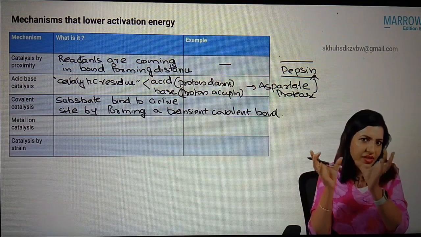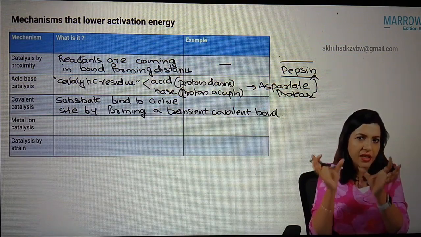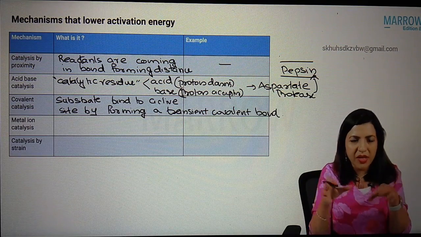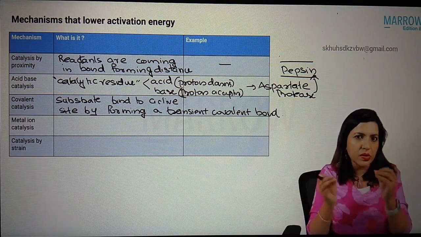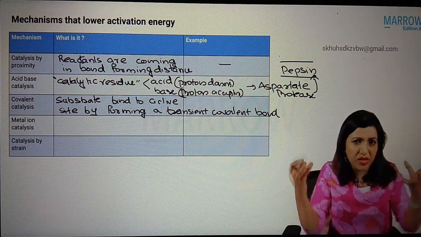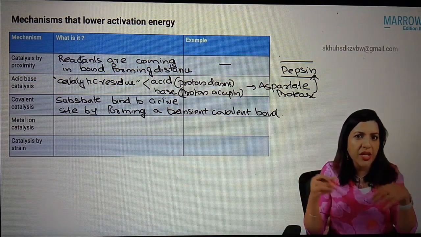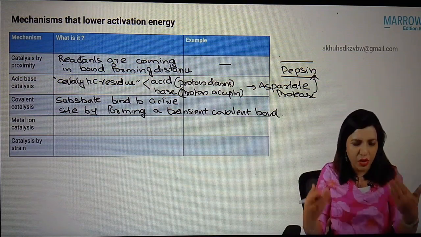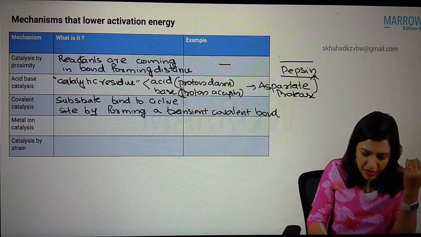So this is called a transition state, where it is not a permanent bond; it will break later. This is called covalent catalysis. This transient covalent bond formation facilitates the reaction.